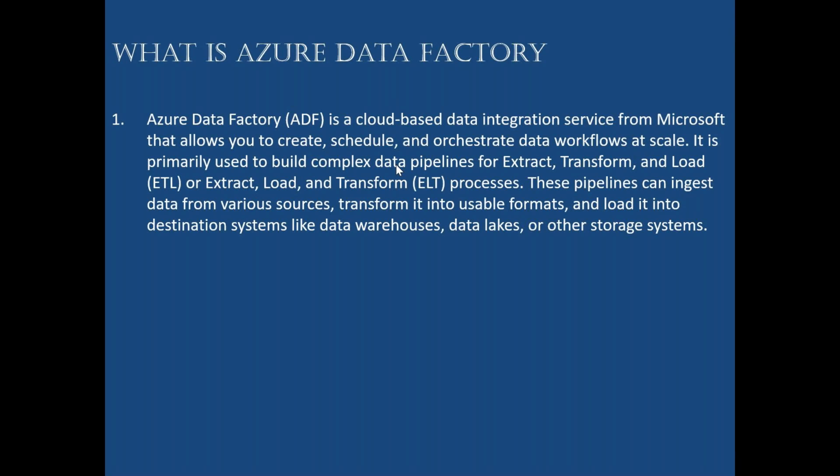For example, you schedule your pipeline to run every day, which means the pipeline is going to connect to the source systems every day, collect the data and put it in the centralized place. And you can orchestrate data workflow at scale. For example, orchestrate means you can organize the workflow. How?